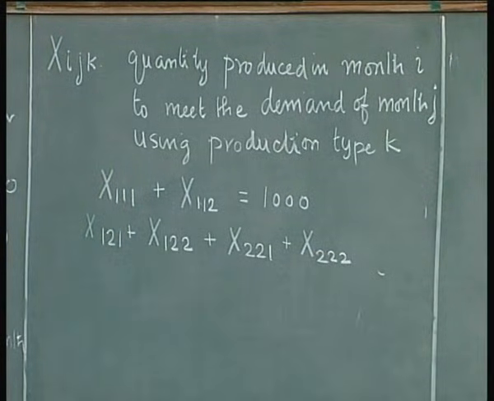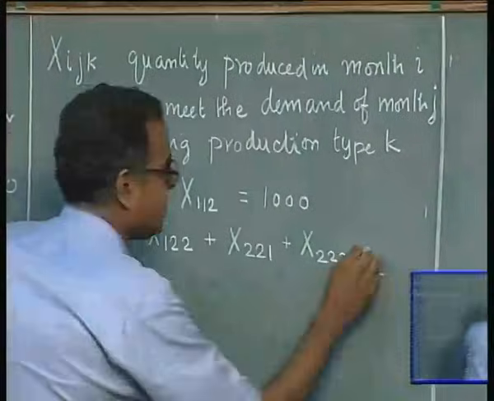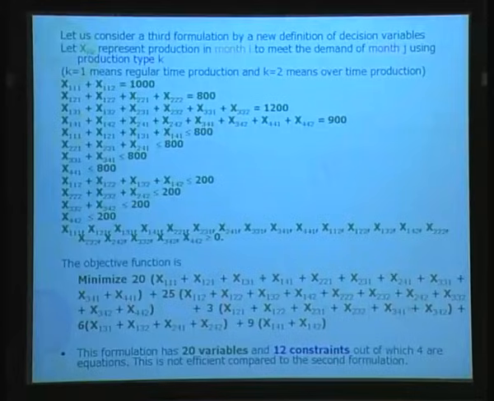So, these are the 4 ways by which you can meet the demand of the second month, and these 4 should add to the second month's demand, which is 800.